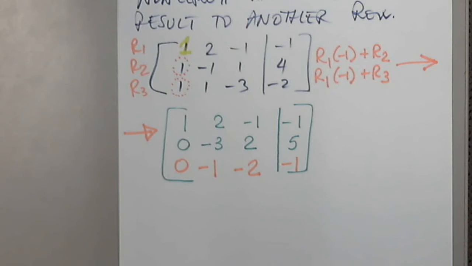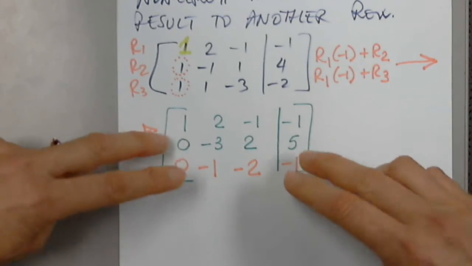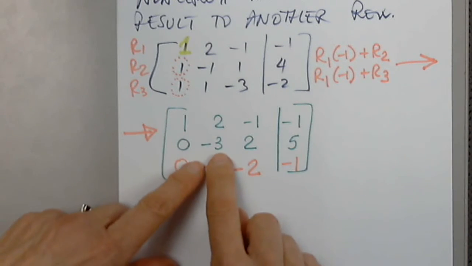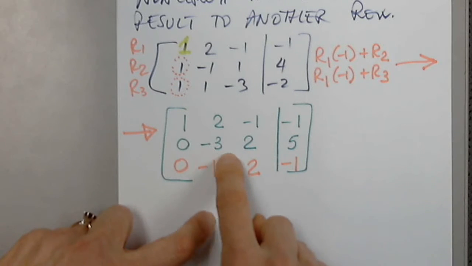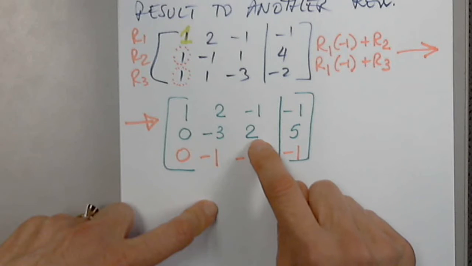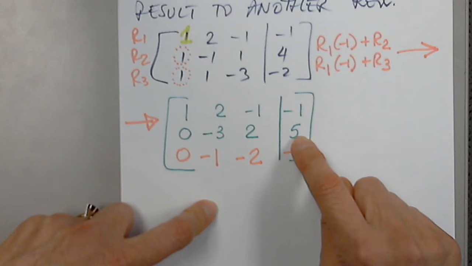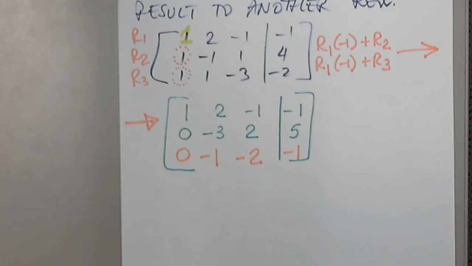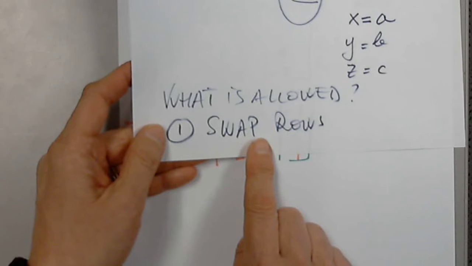Ready? How do I accomplish that 1? I prefer swapping these two, otherwise I'll have to divide both sides here by -3. And if I divide by -3, then I'll have -2/3 and -5/3. I don't want that. And I am allowed to swap rows if I need to.